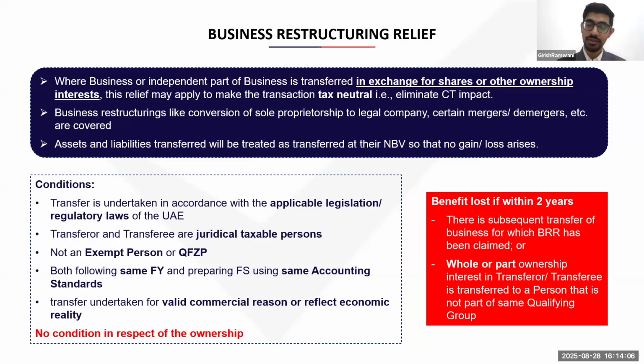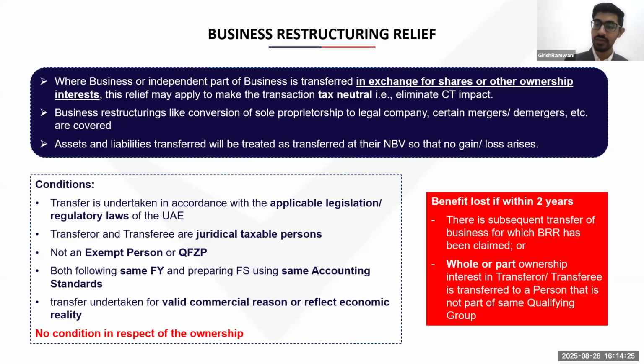That means if the transferor's shares have been transferred to any person which is outside the qualifying group, or if the transferee's shares have been transferred to any person which is outside the qualifying group of which the transferee was a member, then in that case this benefit would be lost.